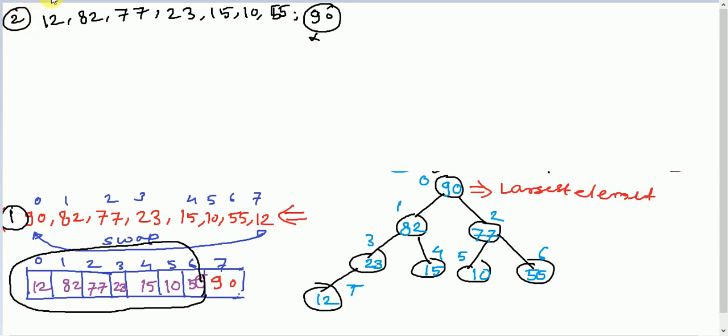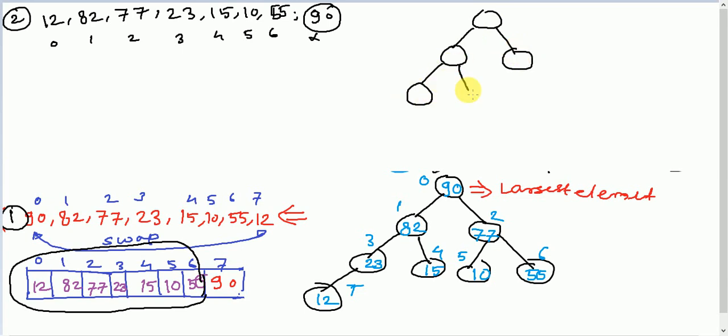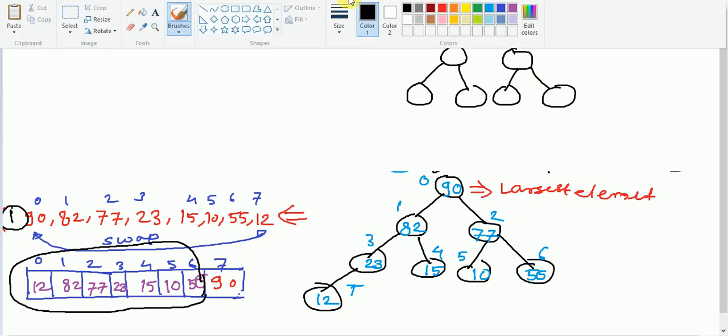Okay, so we'll draw the heap for this. This is index 0, index 1, index 2, index 3, index 4, index 5 and index 6. So we'll put the values here now.